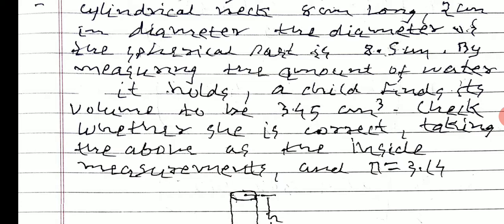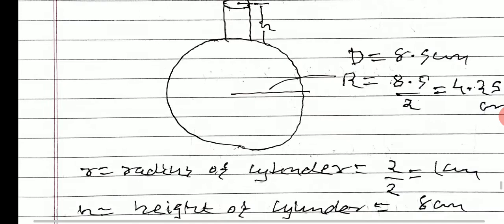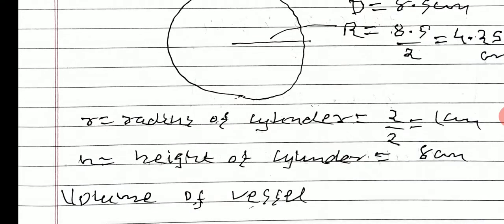So here the measurements are given which are inside measurement, and here as shown in the figure, spherical diameter is 8.5 cm and its radius is 4.25 cm, and small h is height of cylinder. Now small r is a radius of cylinder. It is 2 by 2 equal to 1 cm, because diameter is given 2 cm, and small h is height of cylinder. It is 8 cm.